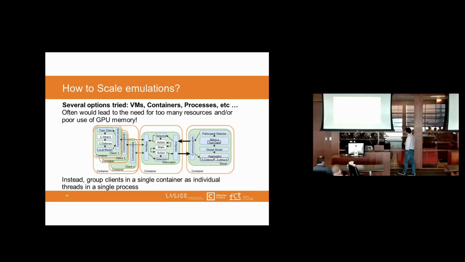So what is the current solution? The current solution is you have one container for the server, one container for the interceptor, one container for the clients, okay? In order to scale the clients, you have one process for all the clients, and each client is a thread, okay? This is the solution that allows us to go as far as we could within a single machine or a few machines, okay?